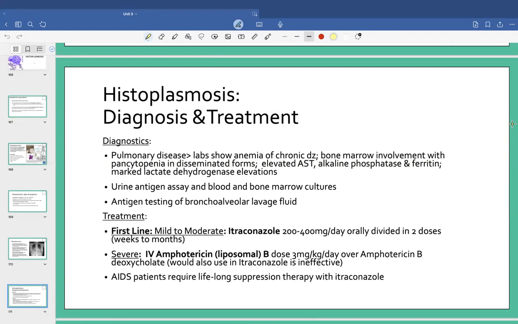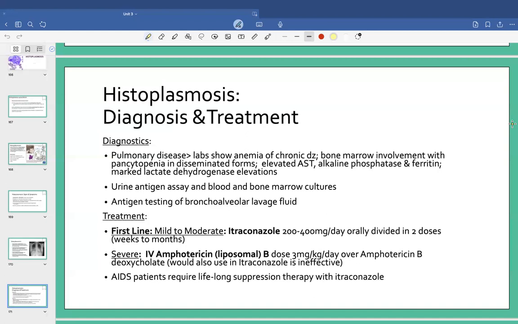When you think about that, think about different ways you're diagnosing. So your pulmonary patients with pulmonary disease, their labs may show anemia of chronic disease, which I know Professor Newman talked about in her types of anemia. So they may have signs of anemia of chronic disease.